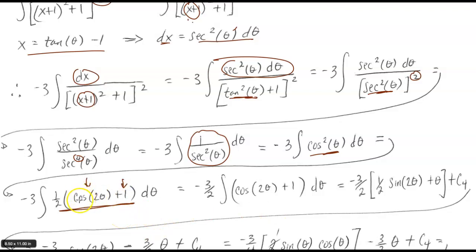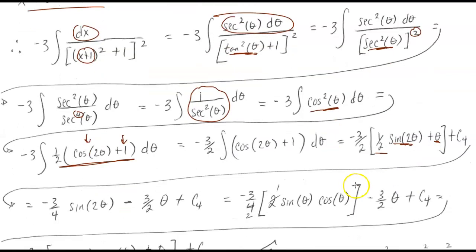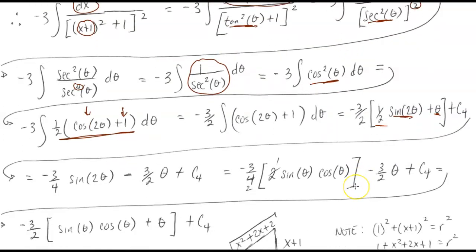The antiderivative of cosine of 2 theta is just sine of 2 theta divided by 2, and the antiderivative of 1 with respect to theta is just theta. So we now have our answer, which is negative 3/4 sine of 2 theta minus 3/2 theta plus this integration constant. All that is in terms of theta.